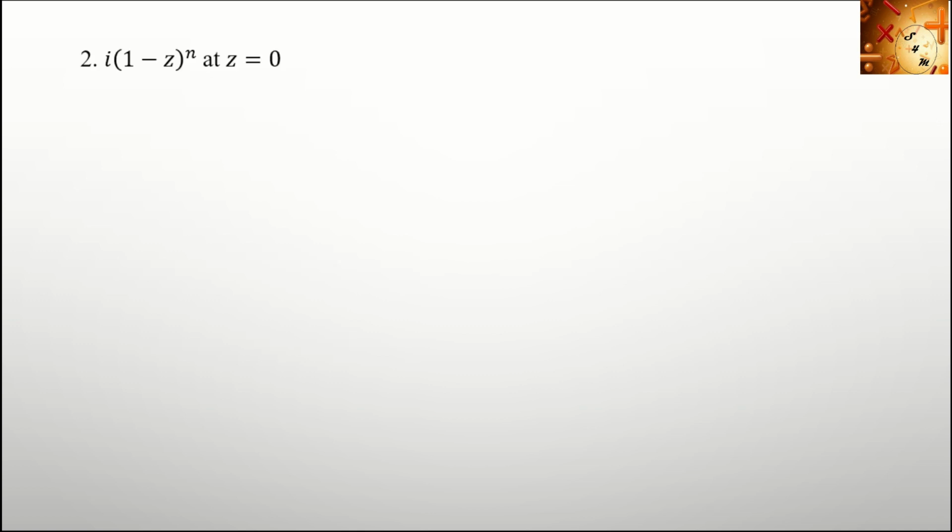Next problem, the function is i into 1 minus z whole power n at z equal to 0. So here f dash of z equal to, what is the derivative of z raised to n with respect to z? n into z raised to n minus 1. So here i is a constant, 1 minus z whole power n means n into 1 minus z power n minus 1.